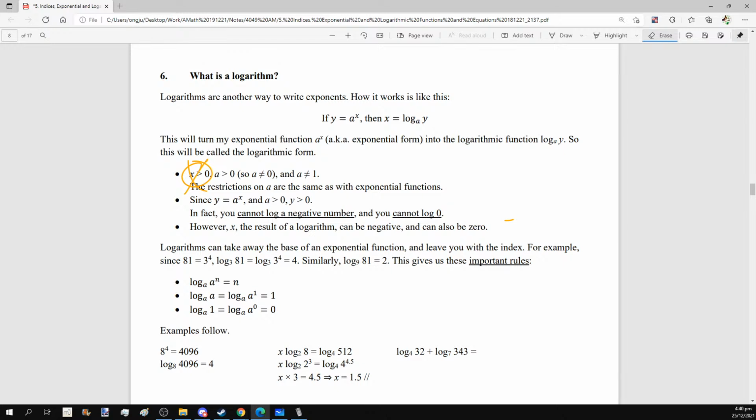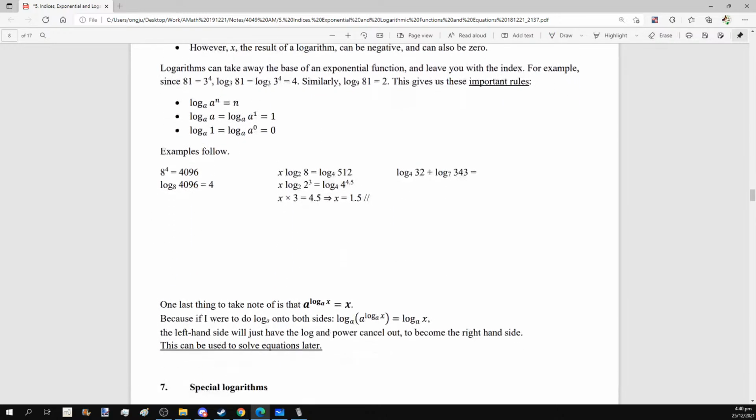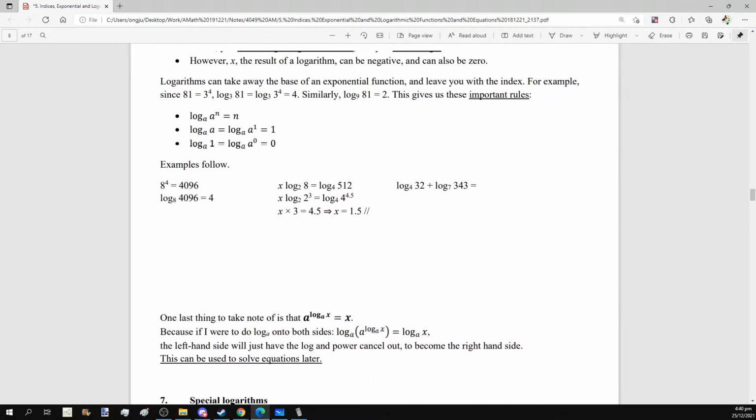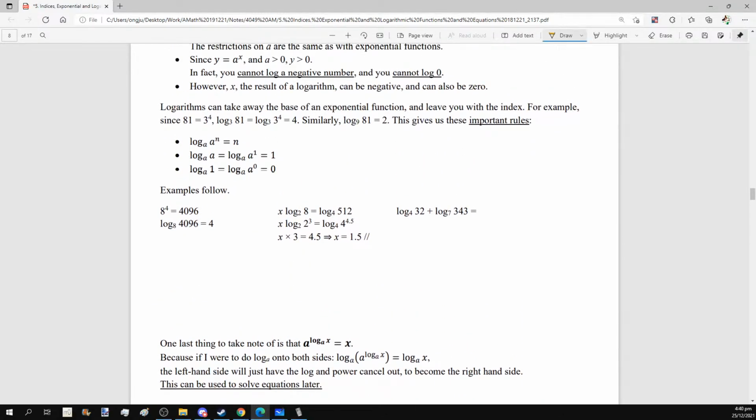Okay, so the next thing we will be moving on to is to talk about some of the basic rules first, right? So an important thing to know is that if I have logarithm base a of a to the power n, the logarithm and the exponent are supposed to be polar opposites, so they will cancel each other out and leave behind n.